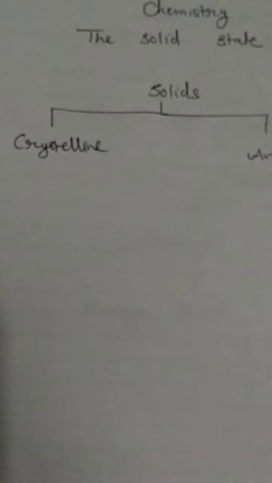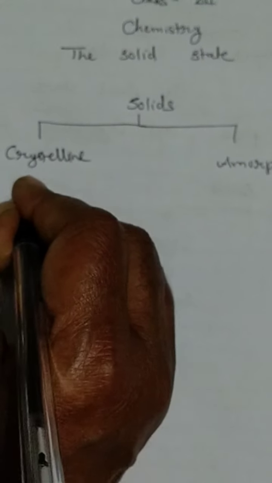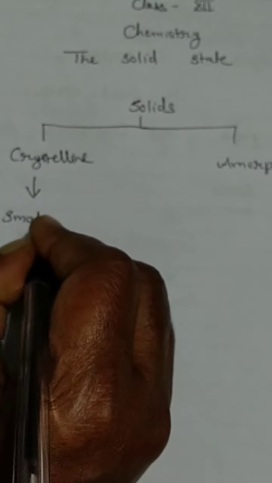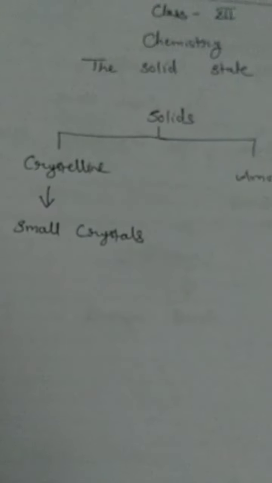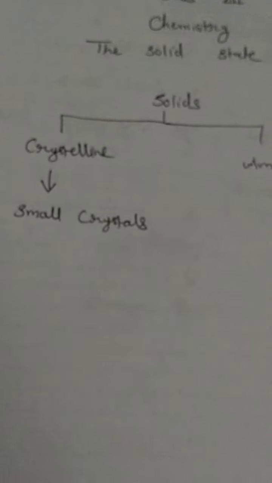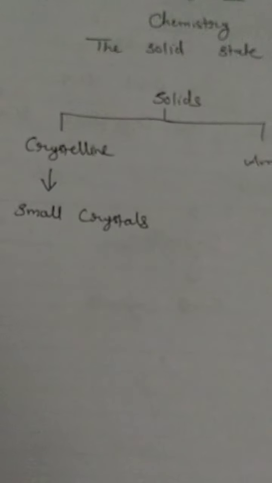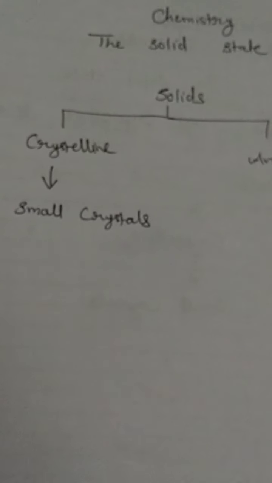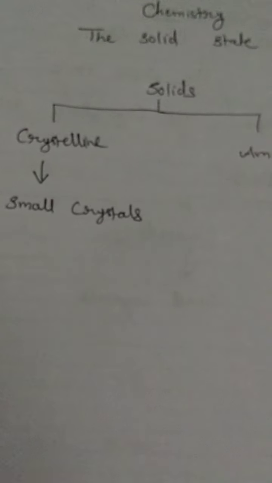Now you will think, what is the difference between crystalline and amorphous solids? So let's check. Crystalline solids usually consist of a large number of small crystals. In a crystalline solid, there is order in the arrangement of their constituent particles. Now what are these particles? These are the small crystals. And what are these crystals made up of? Obviously nothing else.